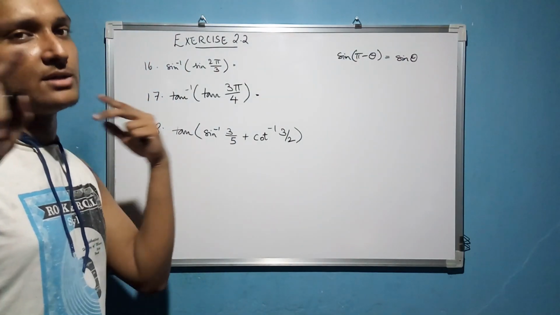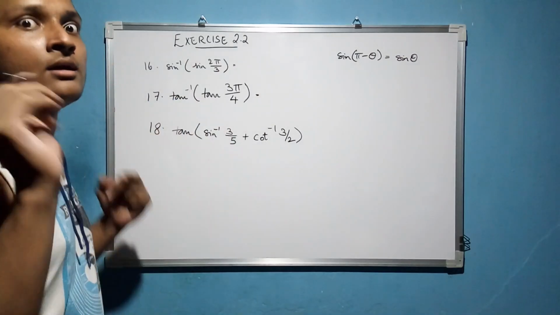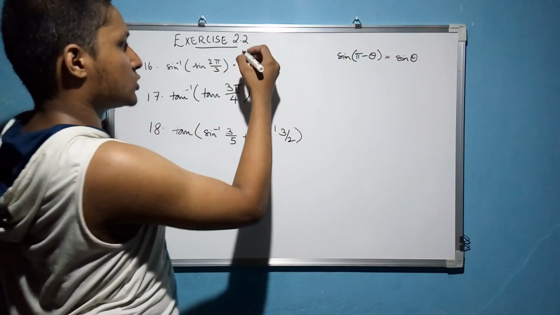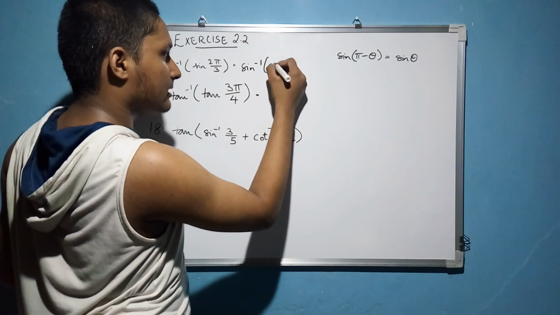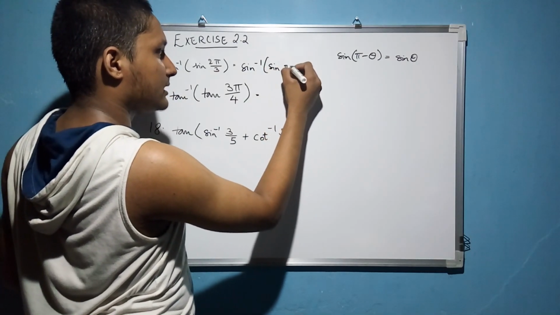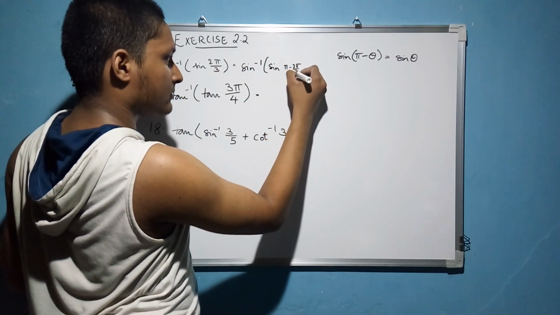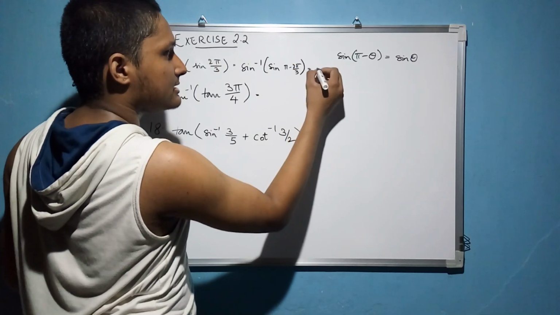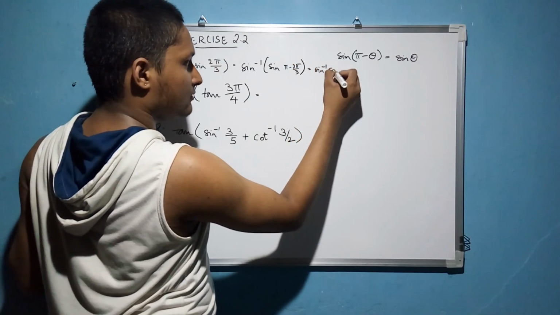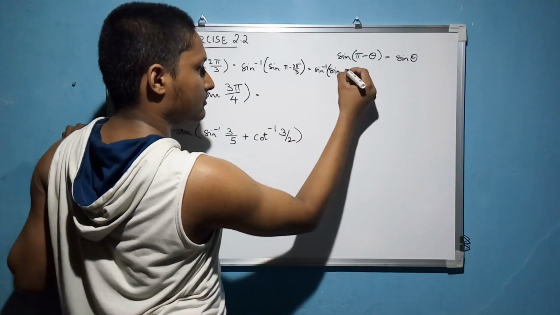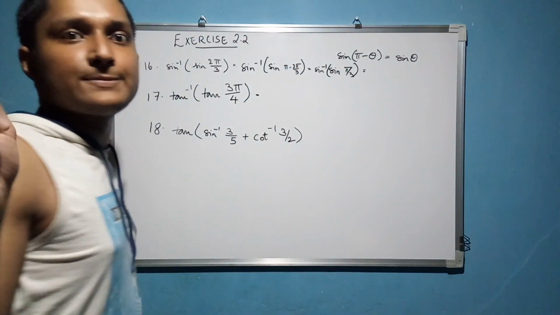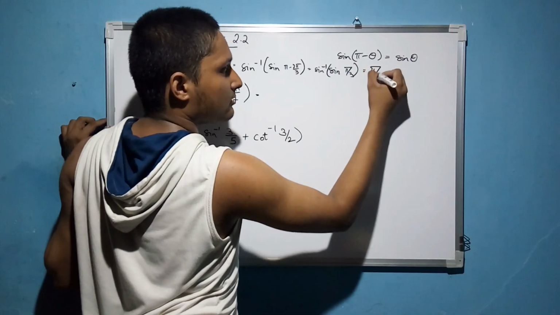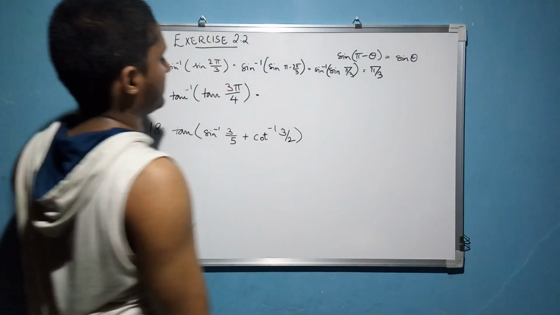When it goes to cos, it becomes minus cos theta, but here it is plus sine theta itself. So this comes to be sine inverse of sine pi minus 2 pi by 3, which is sine inverse of sine pi by 3. Since pi by 3 belongs to minus pi by 2 to pi by 2, I can write it to be pi by 3.